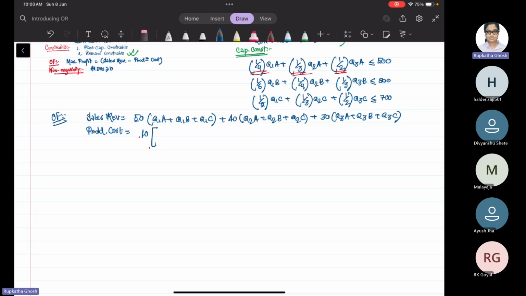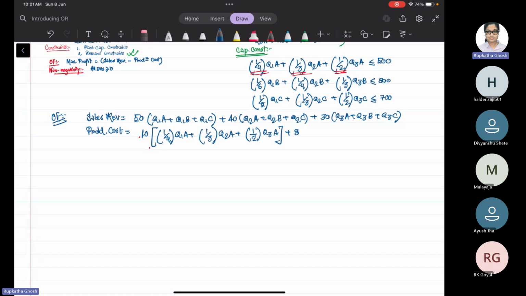We'll just have to write 1 by 4 Q1A plus 1 by 3 Q2A plus half Q3A, because the production costs are plant-wise, not product-wise.